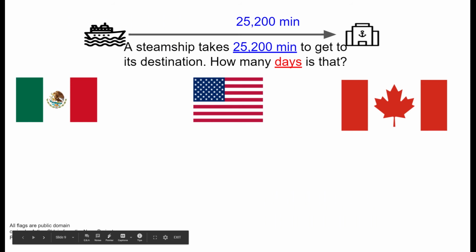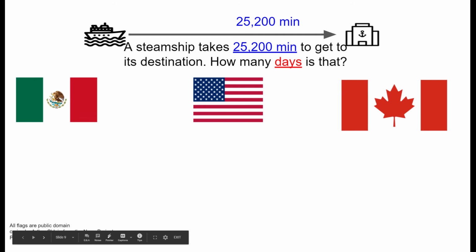Let's imagine an example where a steamship takes 25,200 minutes to get to its destination. How many days is that? Well, I'm going to use the metaphor of traveling between countries. If a steamship were to go from Mexico to Canada, it would have to go through a port probably of the United States first, or near the United States.